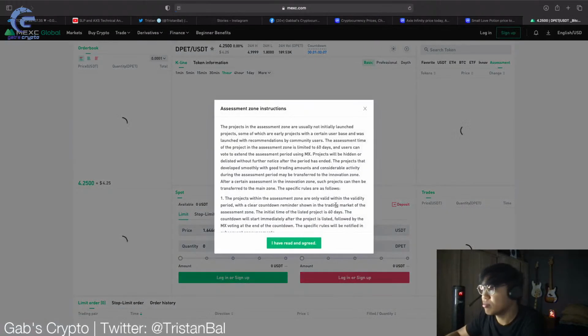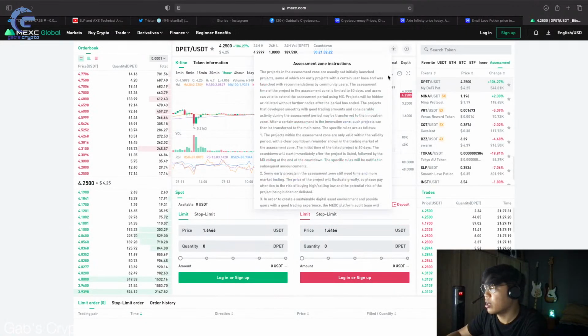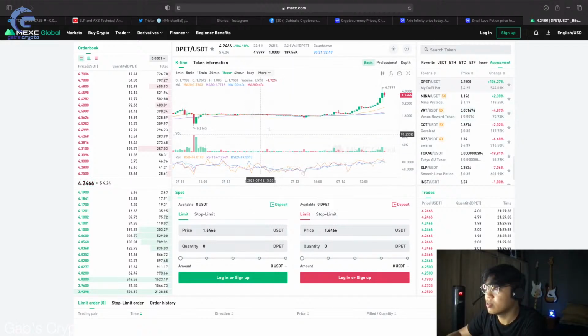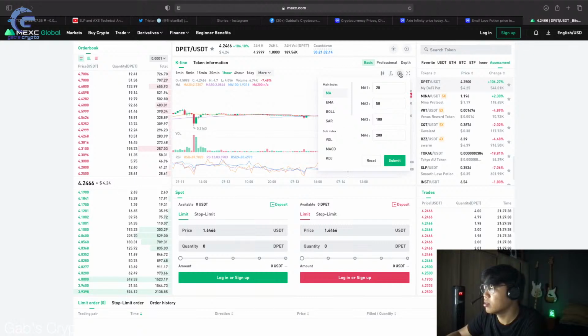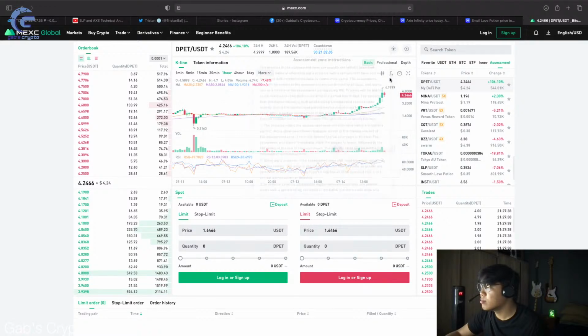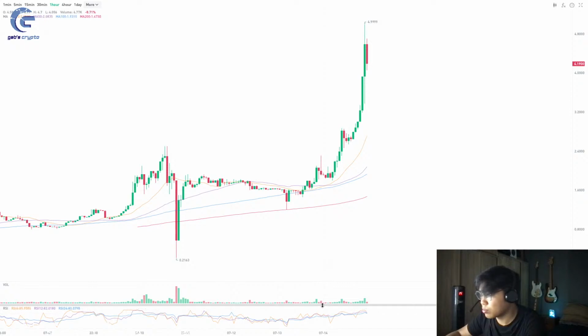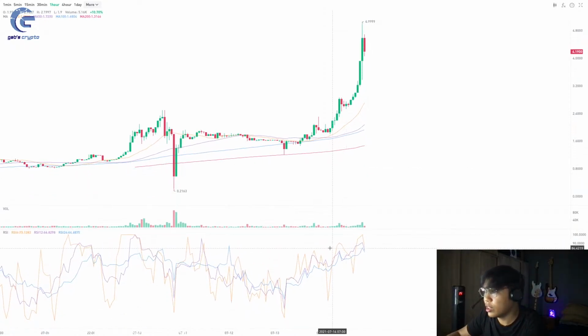So yeah, RSI, buksan natin si RSI. Tingnan natin to. So right now, overbought tayo ngayon kay DPET, kay hourly.